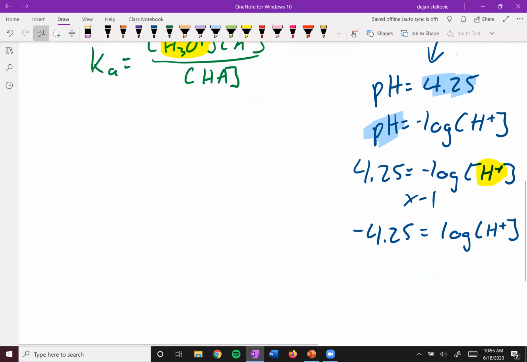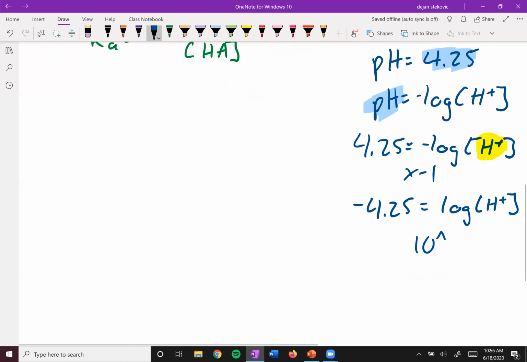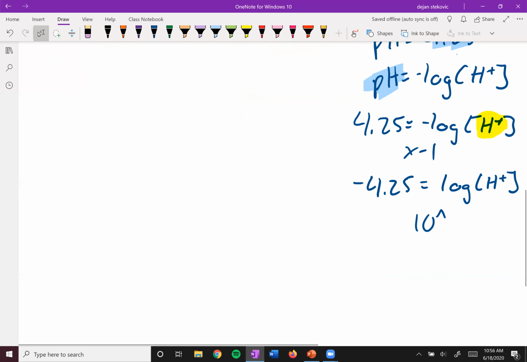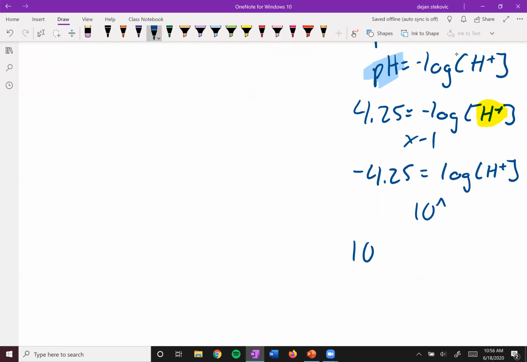And then to cancel out a log, you have to raise both sides up, or take 10 to the power of both sides, right? So on this left side, we'll have 10 to the negative 4.25. And on this side, the 10 to the power and the log will cancel out.